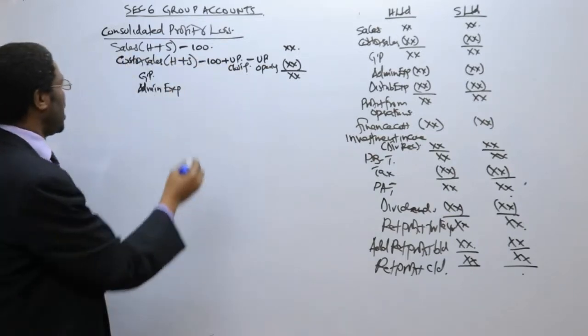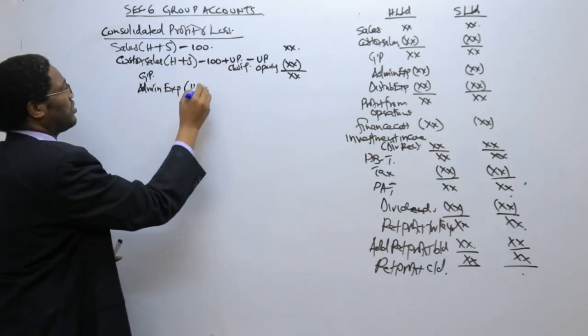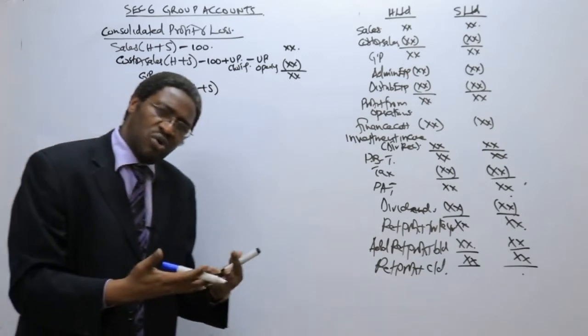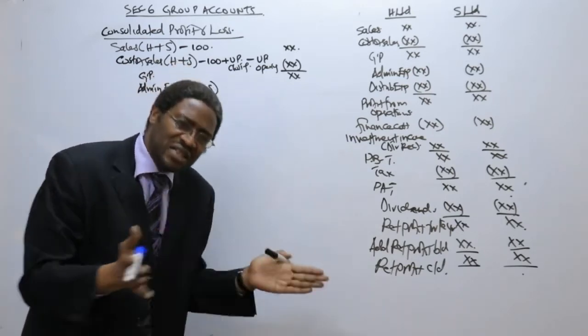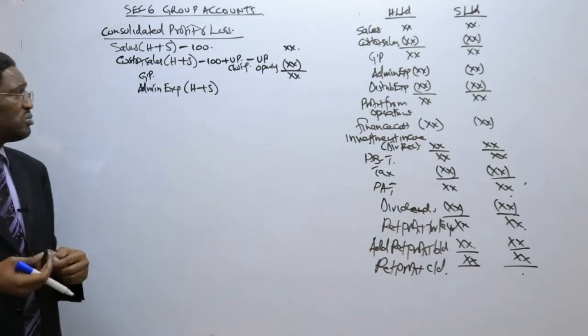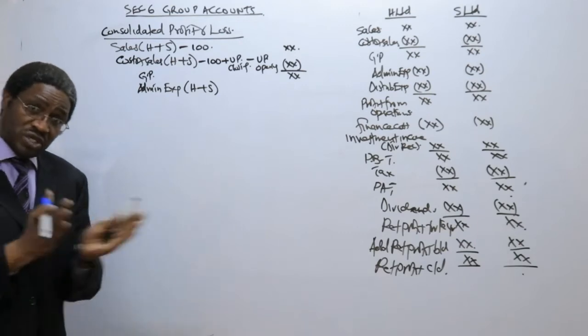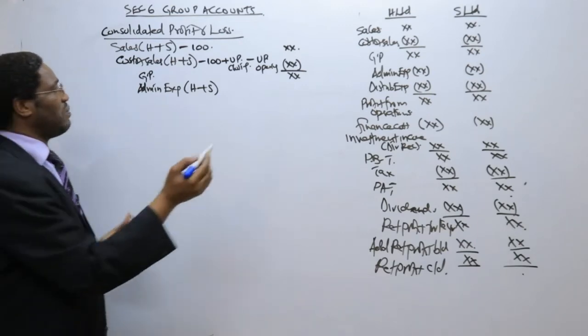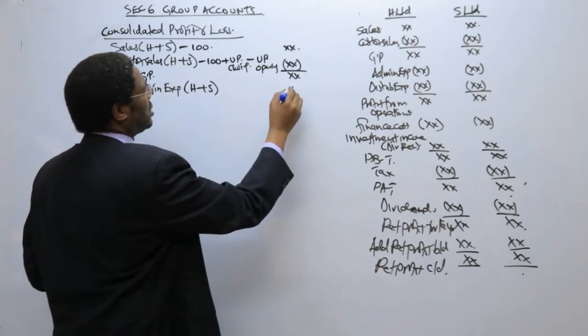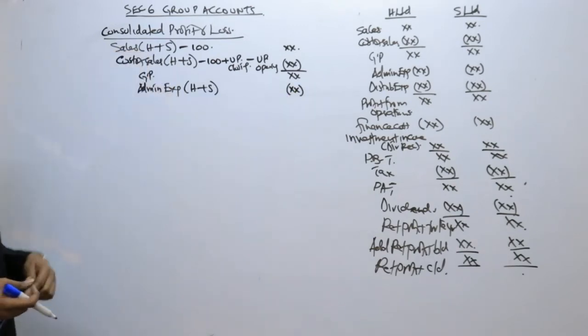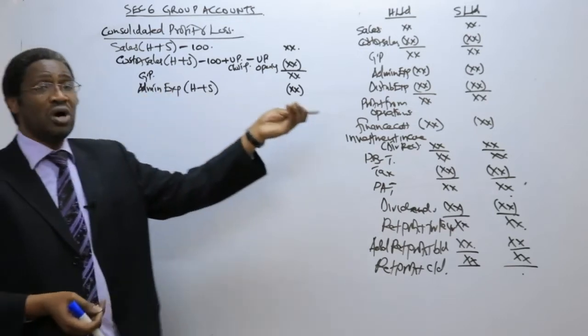Again, take the admin expense of the holding plus the admin expense of the subsidiary company. For now, we are assuming there is no item adjustment affecting the group admin expenses. Later we shall come across what if there are some items that should be adjusted, but that is not now. For now, we are assuming there are no adjustments.